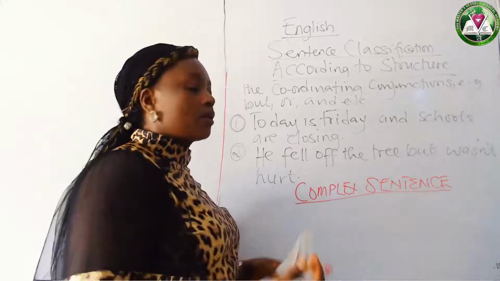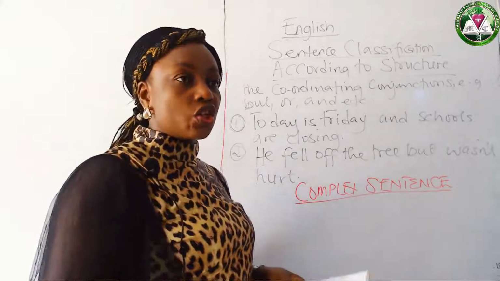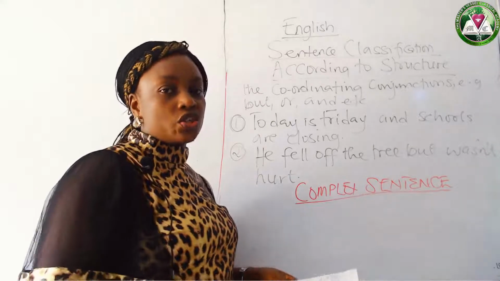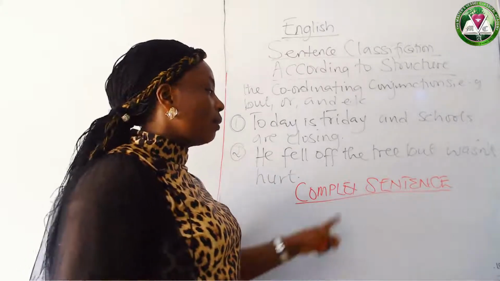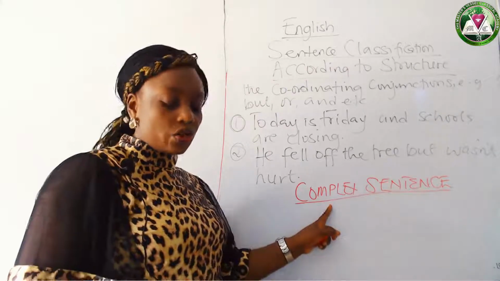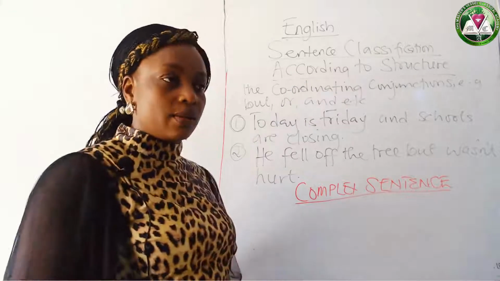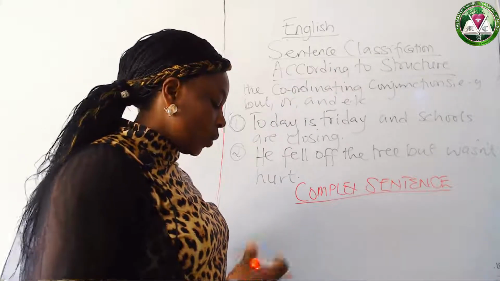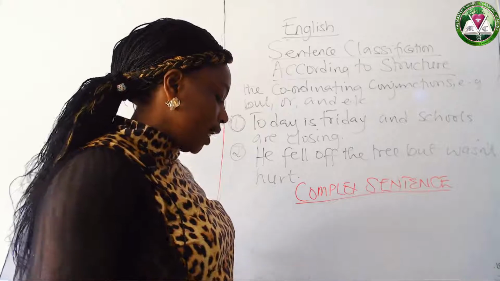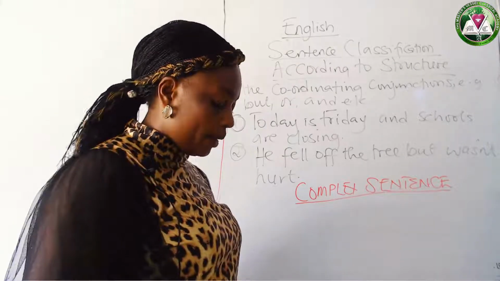Remember, we have different types of conjunctions. We have coordinating conjunctions, subordinating conjunctions, correlative conjunctions, and the rest of them. So in complex sentences, we normally use the subordinating conjunctions, like because, after, unless, since, if, and the rest of them. So we normally use them in complex sentences.